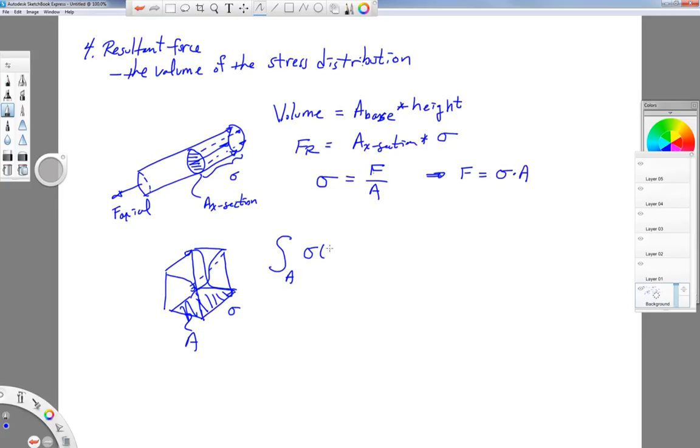Could be a function of, say, y and z, if x is down the axis of the bar, dA. And we'll actually do this a little bit later in the class to find some resultant forces using calculus. For right now, just remember that the resultant force is the volume of a stress distribution.